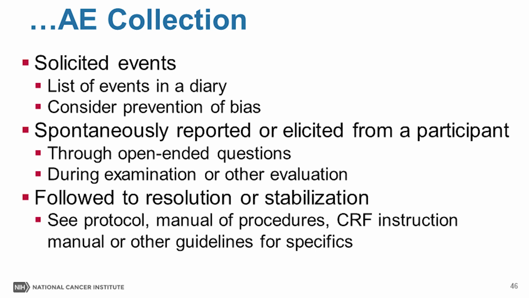But we would want to ask a general question of, have you had any changes in your bowel pattern or your bowel habits? So that's really important. Ideally, the adverse events should be spontaneously reported or elicited from the participant during open-ended questioning, during the examination, or during the evaluation of the examination review of systems.